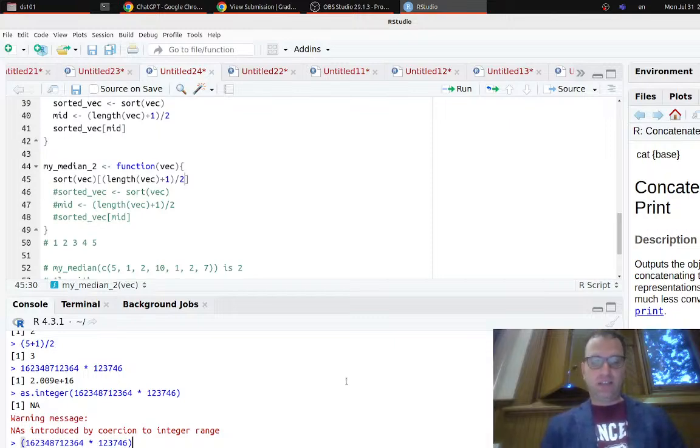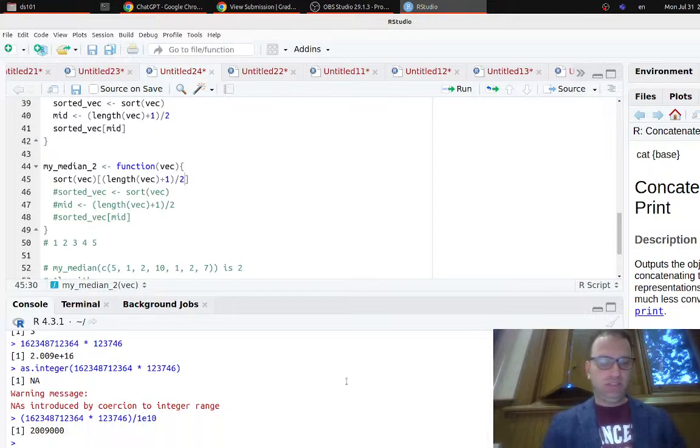To get the 10th digit, I'll just divide by 1, 10, 10, and that's this, and I'll subtract that.